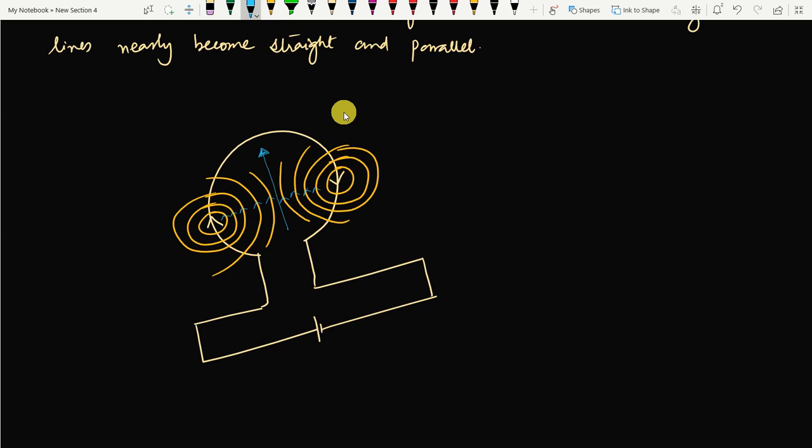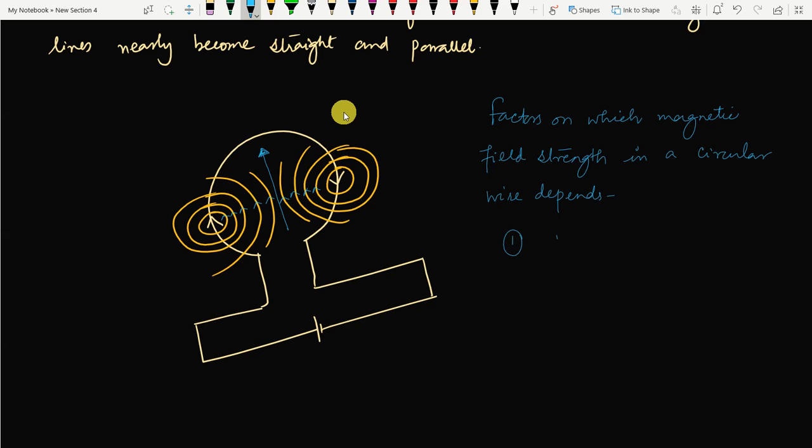Okay. So factors on which magnetic field strength in a circular wire depends. The first one is obvious. What would be the first point?